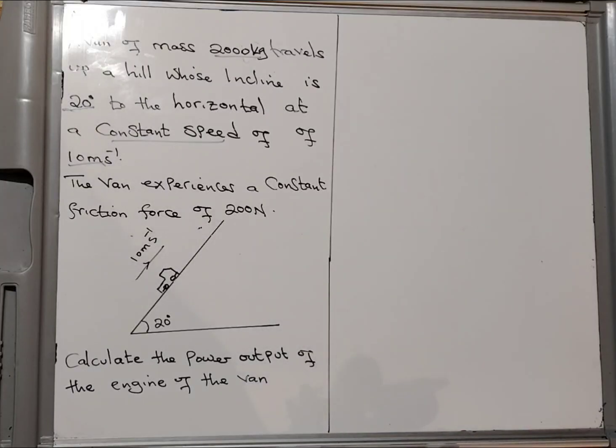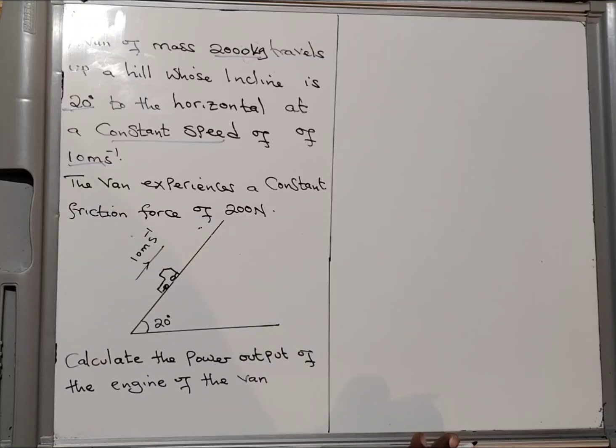The van experiences a constant friction force of 200 newtons. The question says, calculate the power output of the engine of the van.